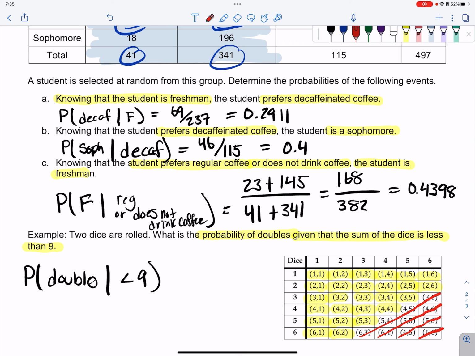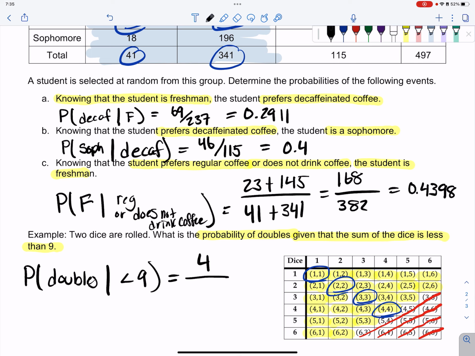And now from there, let's figure out what is our probability of rolling doubles. Well, doubles means that we got the same number on the 2 dice. So we have 1, 1, 2, 2, 3, 3, and 4, 4. So there's 4 different outcomes in this event out of how many outcomes I have highlighted in yellow here that are less than 9.